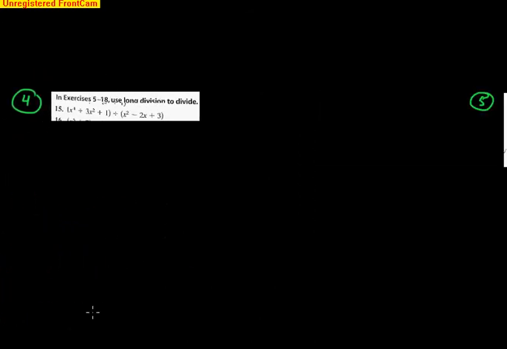Long division time. Here's the original question. X to the fourth plus 3x squared plus 1 divided by x squared minus 2x plus 3. So we're going to divide these two things. And you need to make sure all your powers of x are there and that they're in descending power. This is not. This one needs to be rewritten.